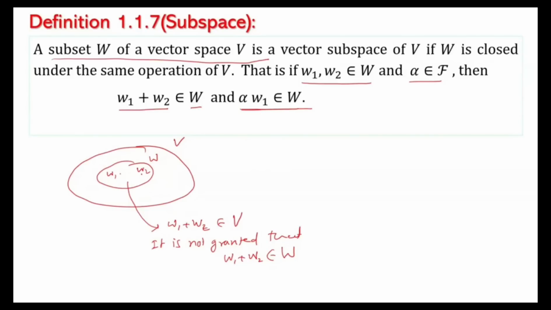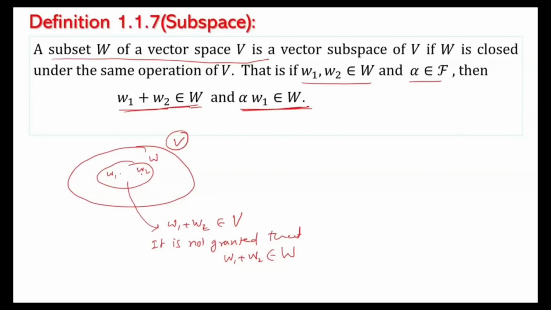That means W satisfies the closure properties with respect to the addition and scalar multiplication defined on its superset V. If these two properties are satisfied, then automatically the other properties of the vector space are satisfied.